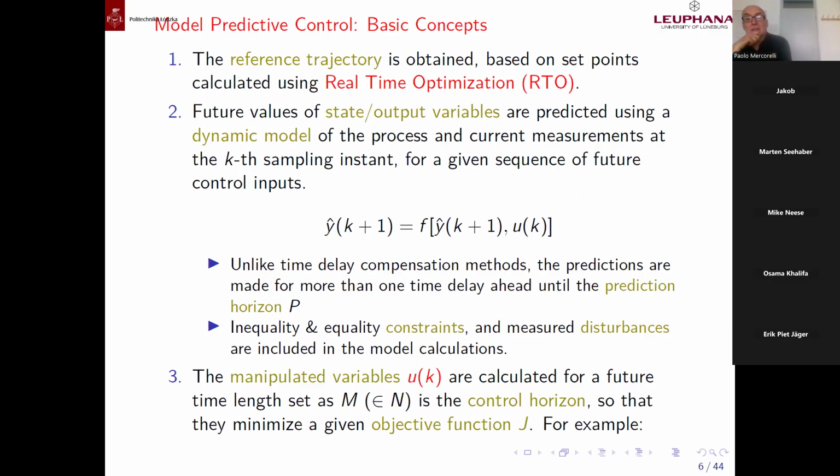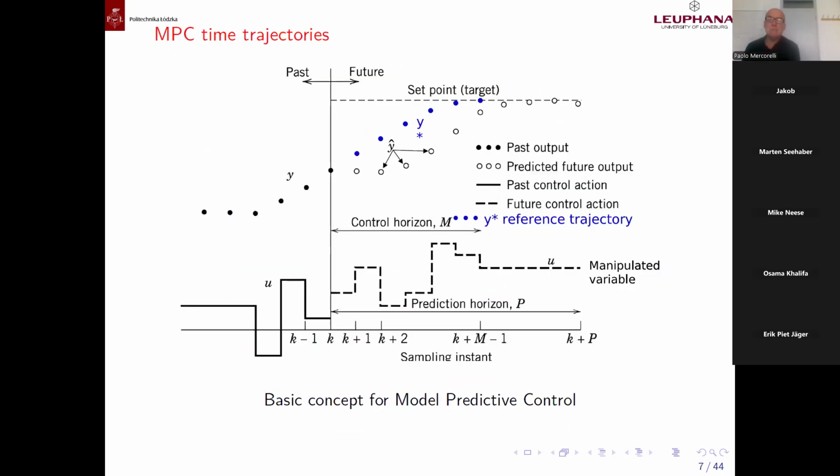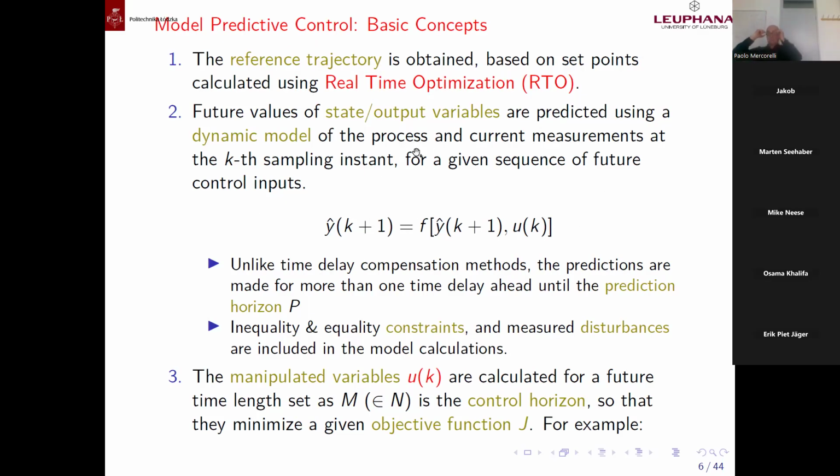Here, basically, I already told you a little bit what I intend. This slide is something more of what I told you until now about the characteristics of model predictive control.